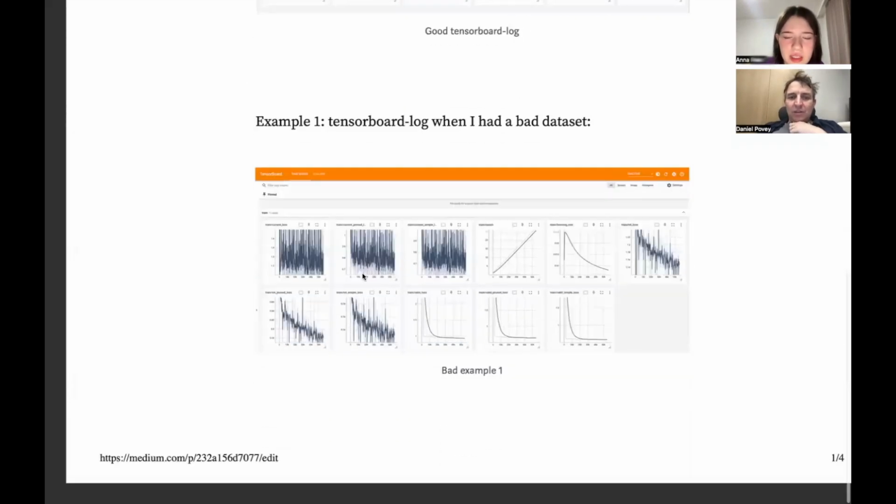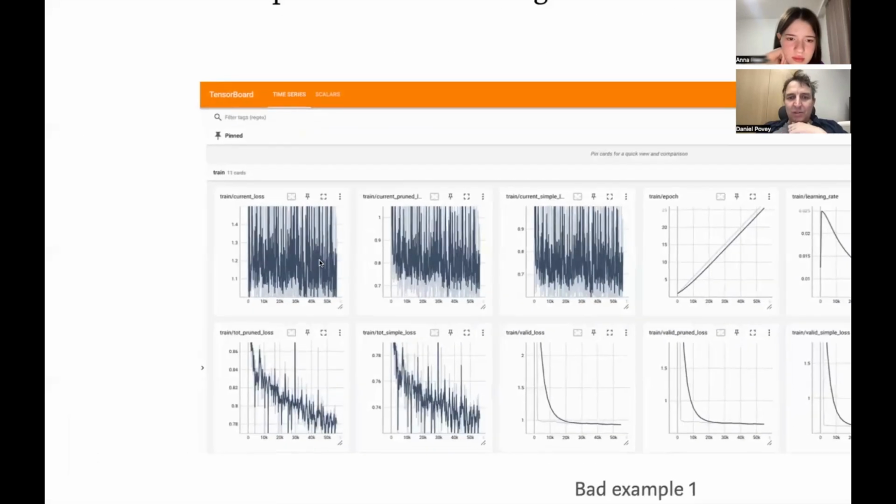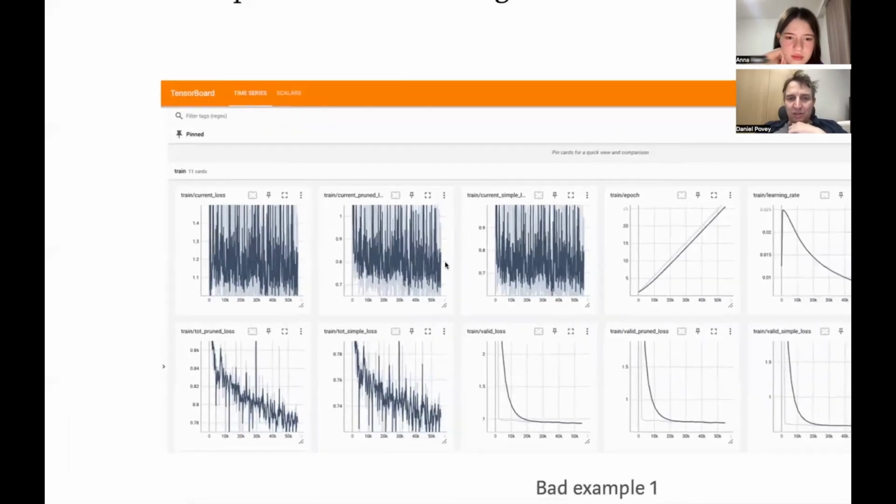Okay, and what does it mean? Go up again. And this is the bad data set. So I mentioned before about the loss being above about 0.6. Look, the current pruned loss here is above 0.7. This is what it looks like when the system just does not discover the correct alignment. And when you see that, it's never going to converge.